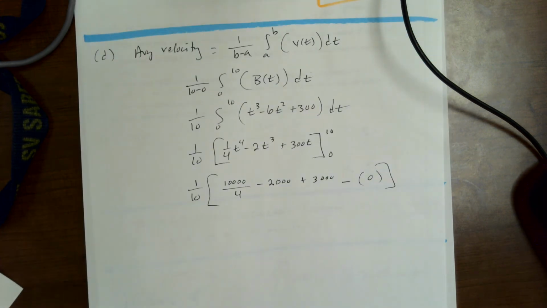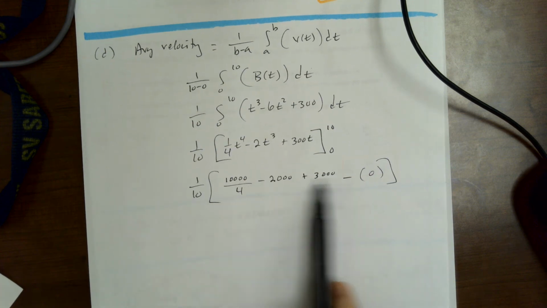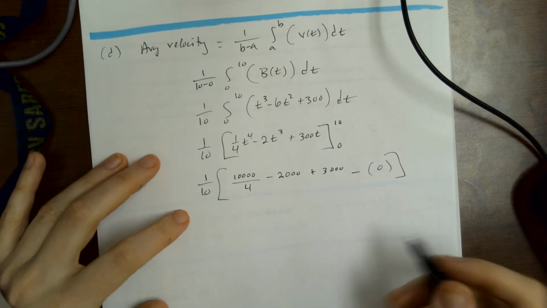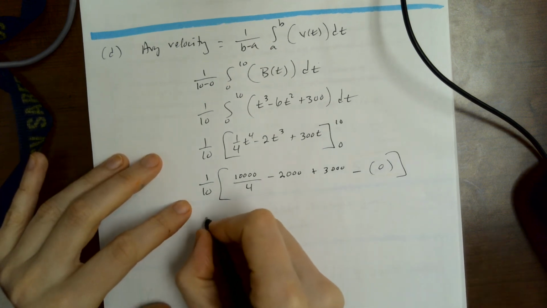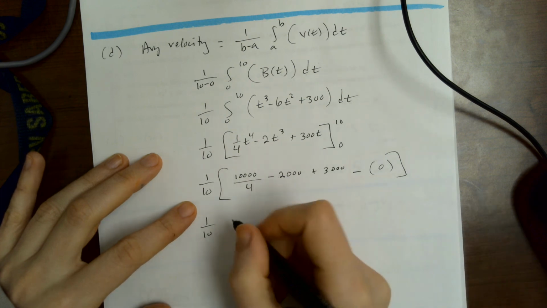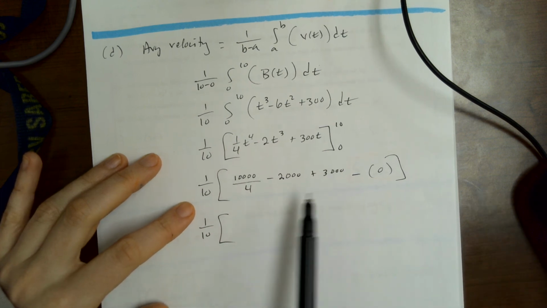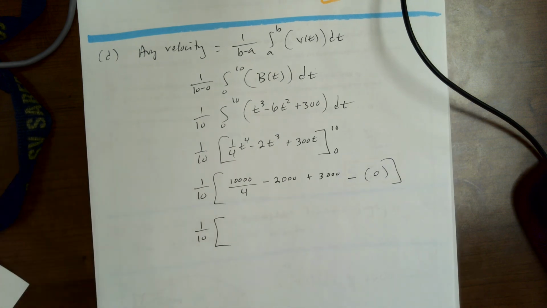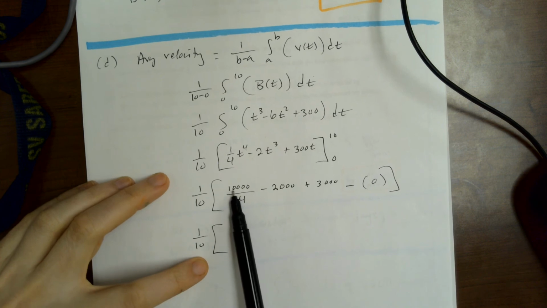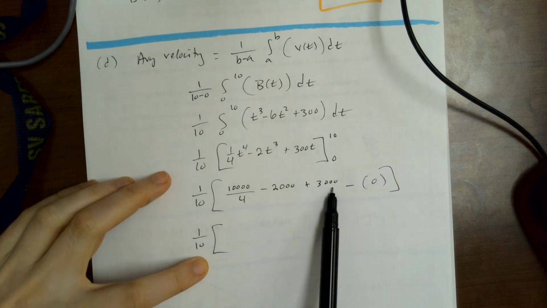Okay, now guys, however you want to figure out what's inside here, I'll just show you how I would figure it out without a calculator. You could just do old school stuff, or stuff that you're used to. But I want to show you something because it comes in handy when you're doing arithmetic with a lot of digits. You could factor something out. So this is 10,000, this is 2,000, this is 3,000.